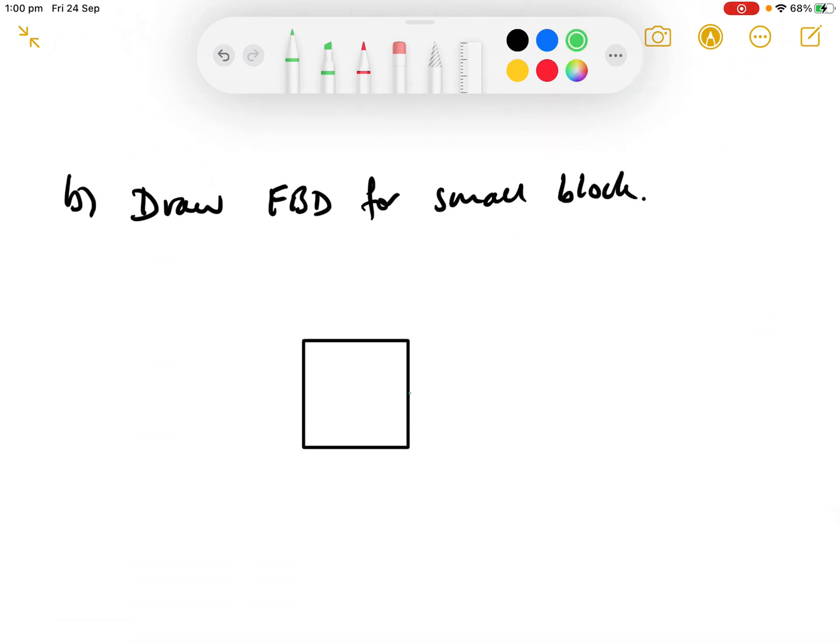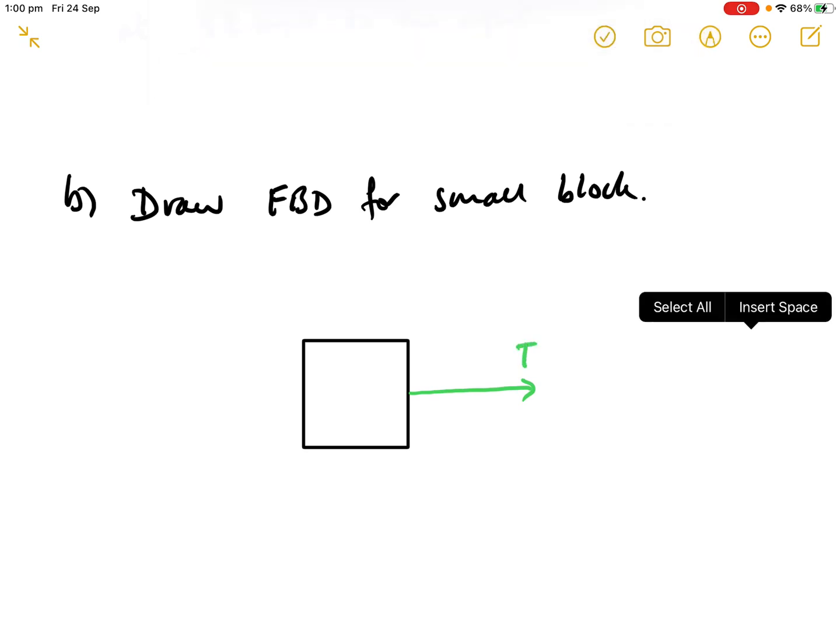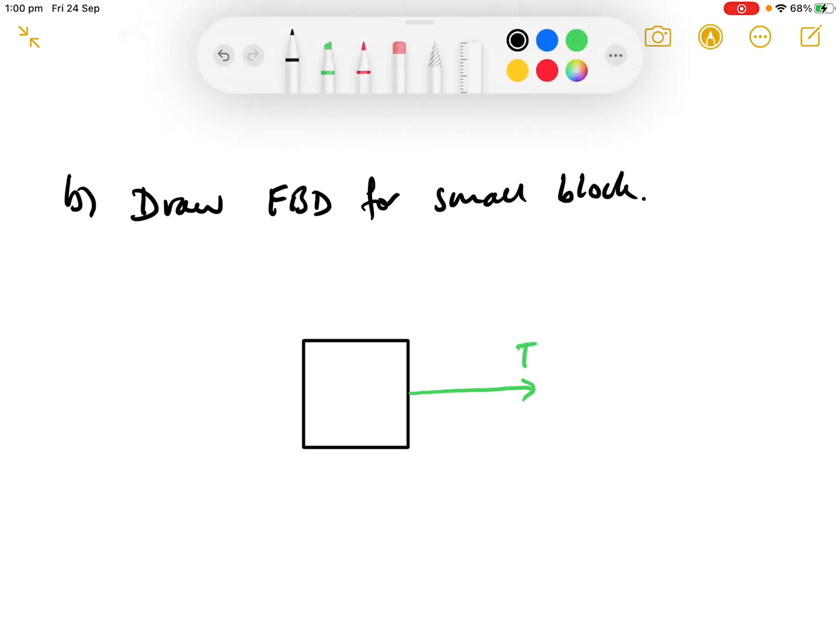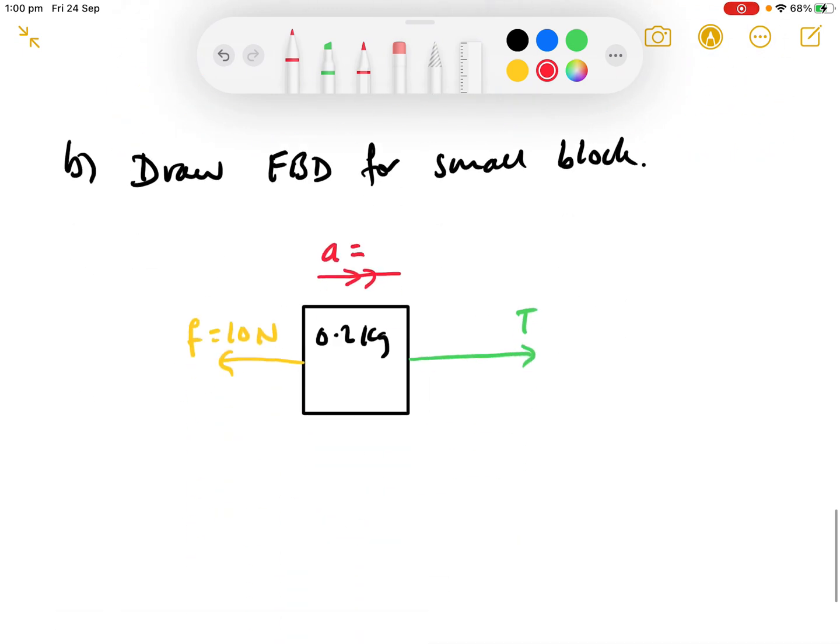Right, so we've got T to the right, tension. Now that's our unknown. This is our 0.2. And we've got our frictional force, small force, 10 newtons to the left. Now don't forget, we've just established that this is accelerating to the right at the 88 meters seconds to the minus 2.